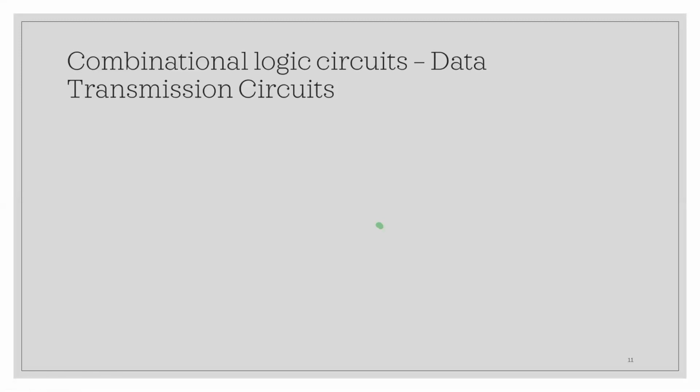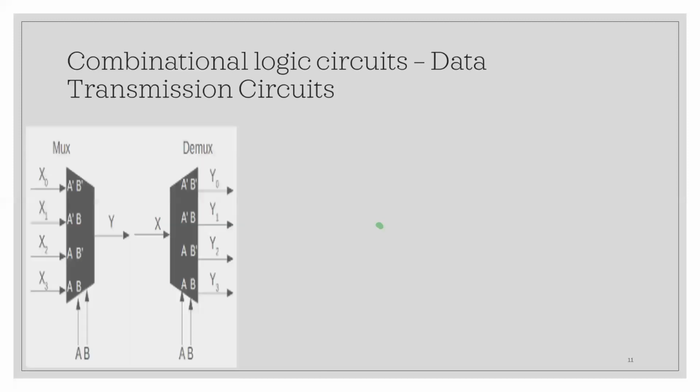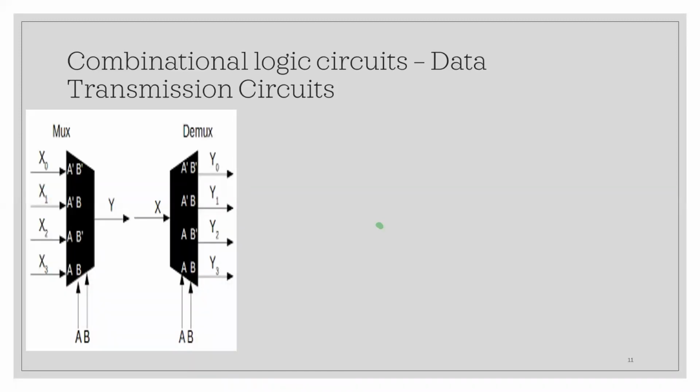Okay. So let us move ahead with another topic under this itself, data transmission circuits. You already know these things. So what happens in mux and demux? Can anyone just tell me?